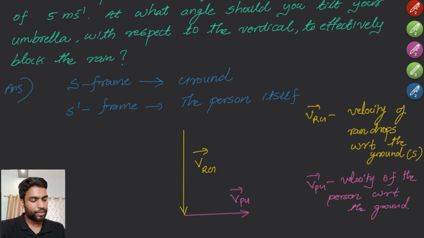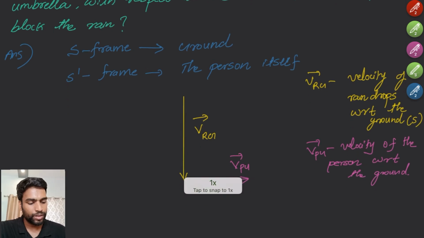All good. Now the person is the S dash frame, right? So for the person, the velocity will be different because there is a relative motion between the ground and the person, right? You know, the relative velocity here is nothing but VPG, right? So basically the person is the S dash frame and that frame is moving with the VPG speed, right?